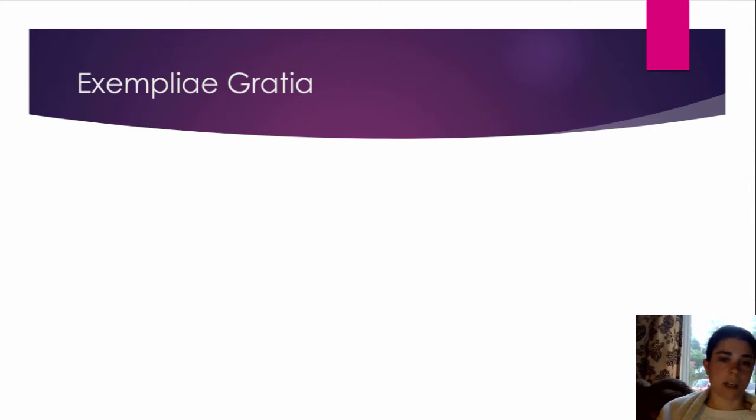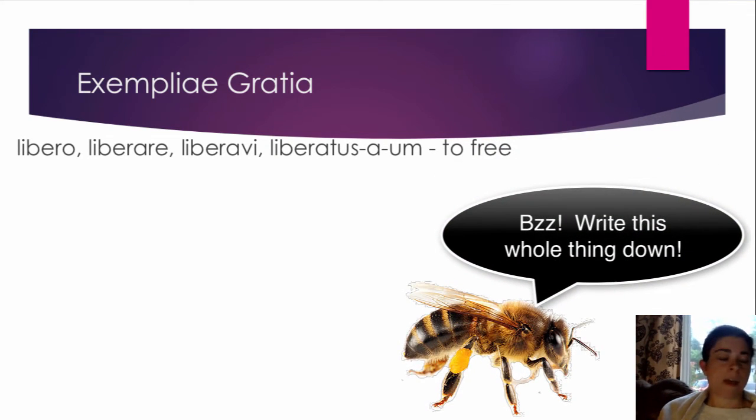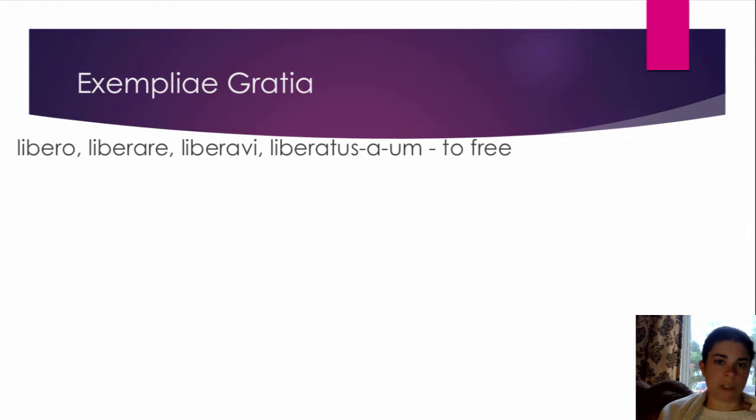So now let's take a look at an example. Libero, liberare, liberavi, liberatus, -a, -um, to free. Now that fourth principal part will appear in different ways depending on what book you're using or even what dictionary you're looking at. Some show it as liberatus, and that's it. Others show it as liberatum, and then some give it to you as liberatus, -a, -um.